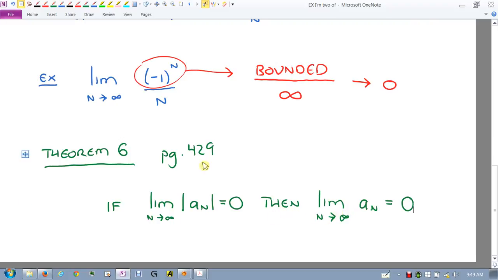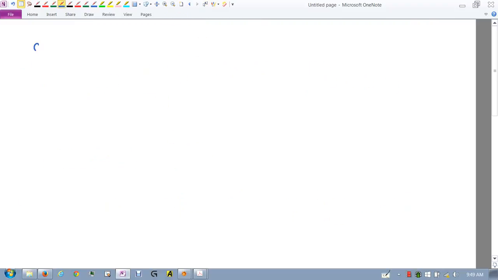So let's revisit this problem right here. Let's get the same conclusion, but let's use this theorem to do it properly. So limit as n goes to infinity of -1 to the n over n.